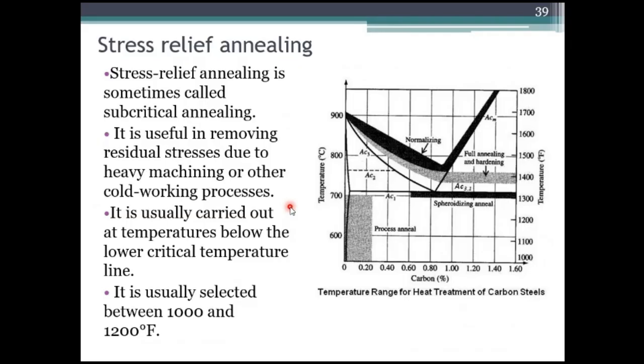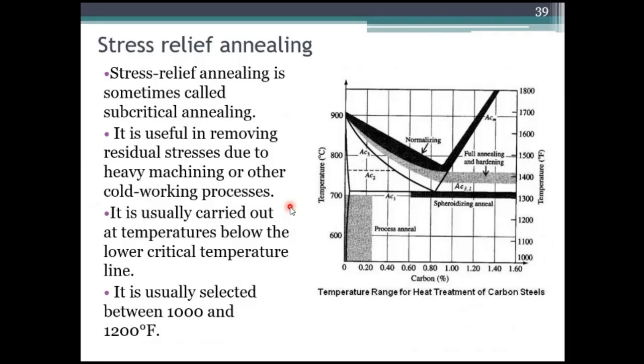When you go for a machining operation, due to the material removal, some residual stresses will be held back in that particular material.